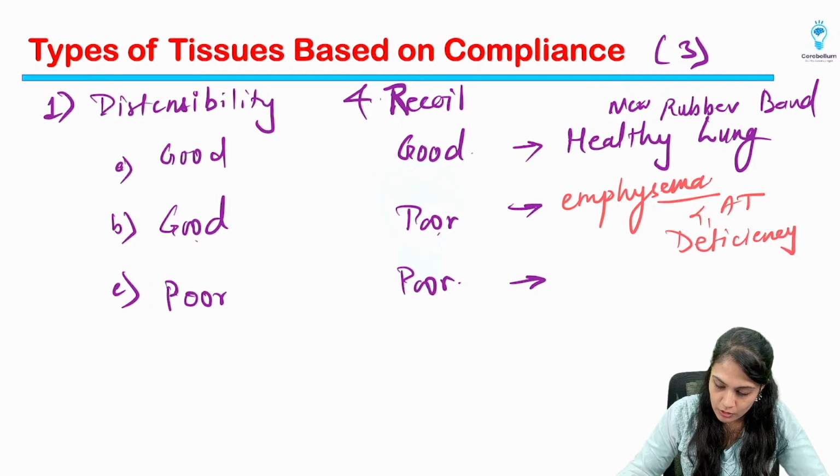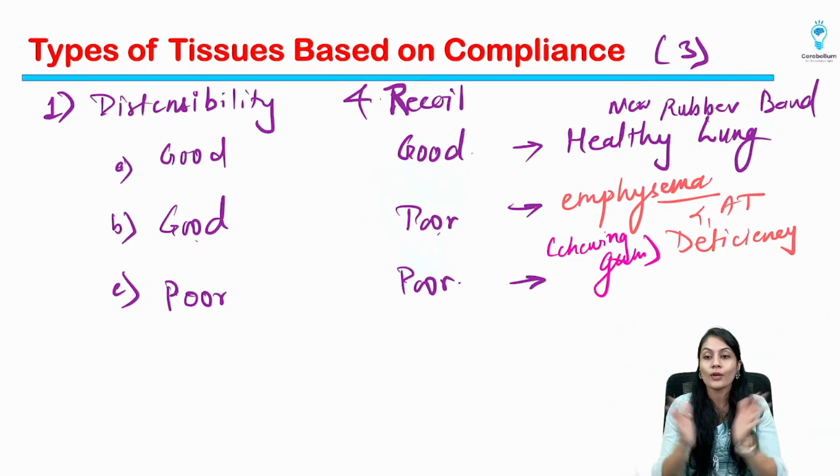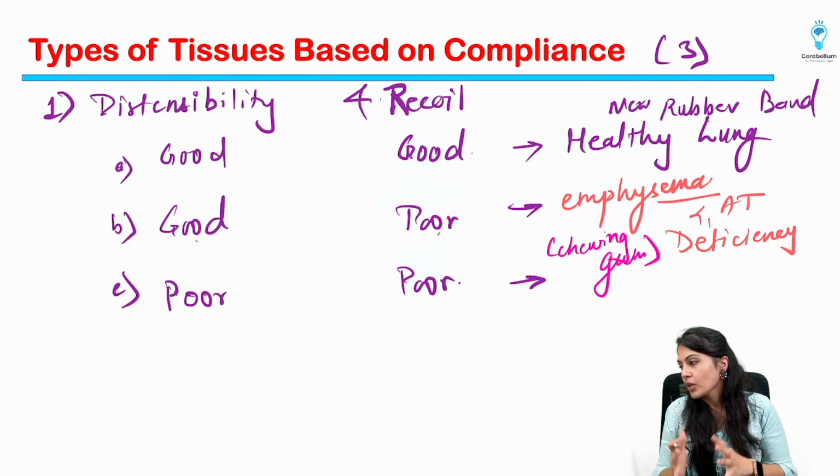So this condition is like a chewing gum. You can distend it, you can stretch as much as you want, but you cannot recoil it back. Okay, so you can distend it, but it will not be recoiled.